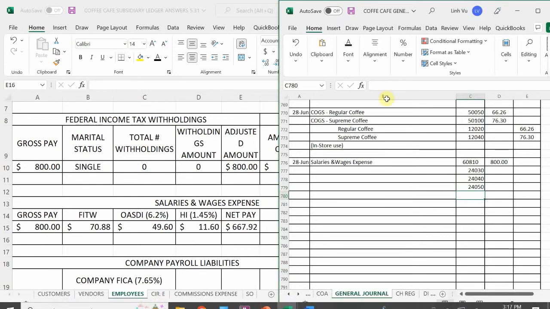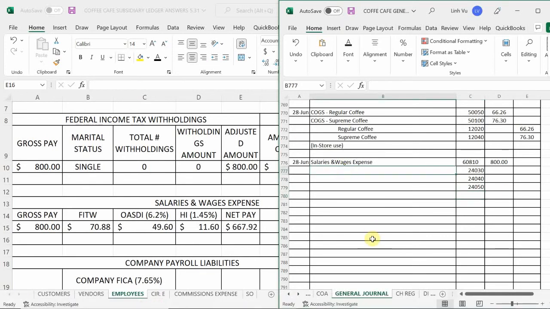So I do have a question for you before we go further. When you do this, do you separate the company's responsibilities from the journal entry of the employees? Absolutely.